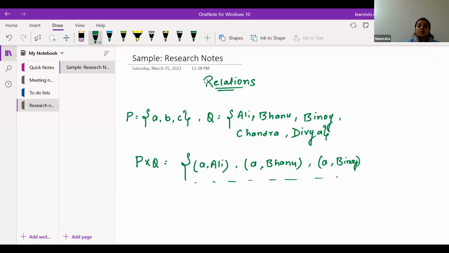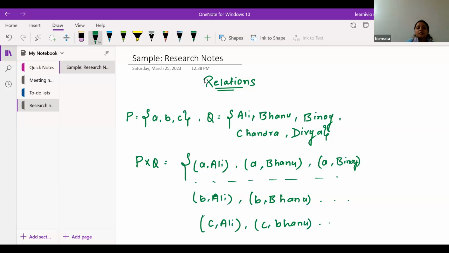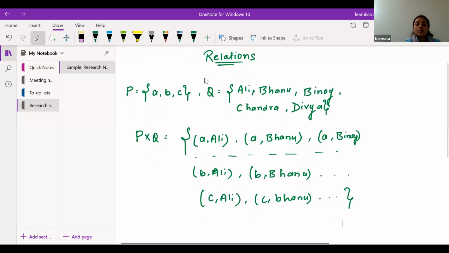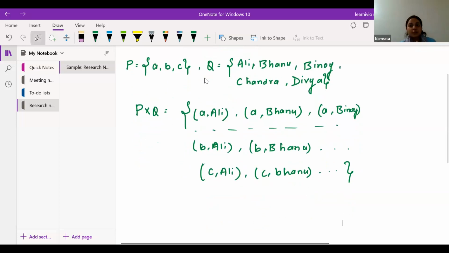Similarly, dot dot dot, all possible ordered pairs we used to list down, and then B with Ali, then B with Bhanu, then similarly C with Ali and C with Bhanu. This way we used to make the list of all ordered pairs, and that is our Cartesian product between the set P and set Q.